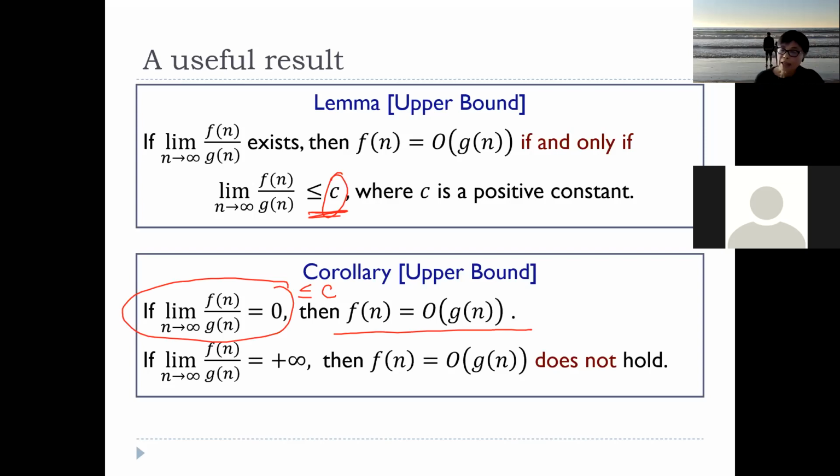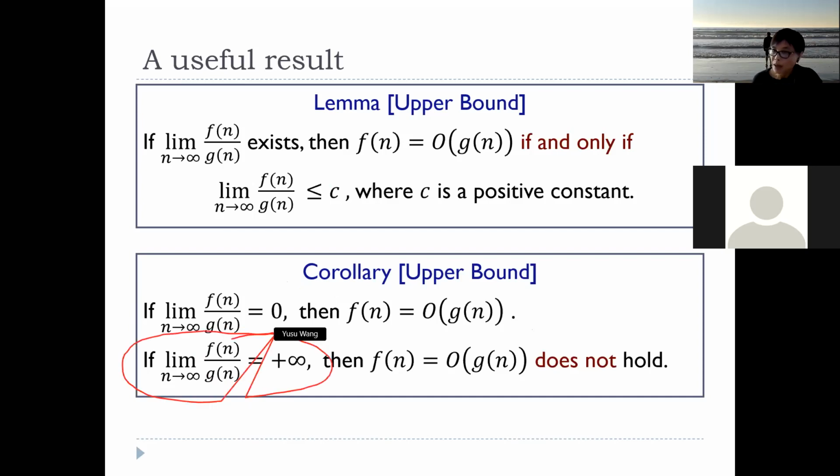Another implication is that suppose you compute the limit, and the limit is infinity. What does this mean? The limit going to infinity means that you cannot find any constant that the ratio is smaller than, because the ratio grows faster than any constant.